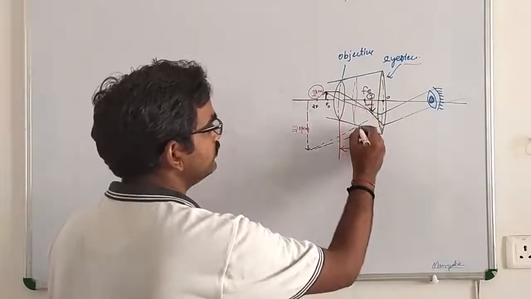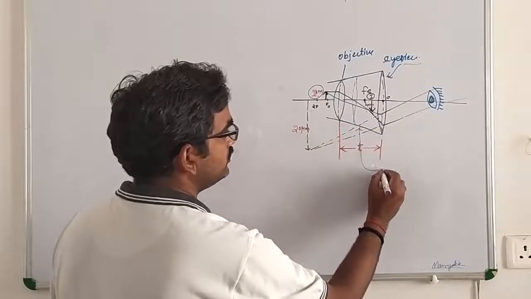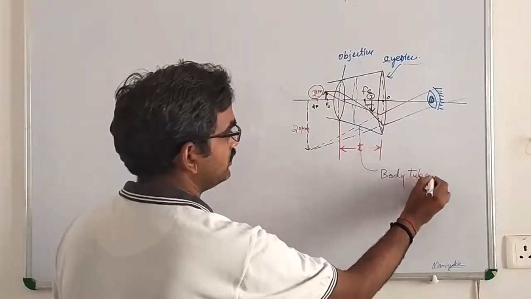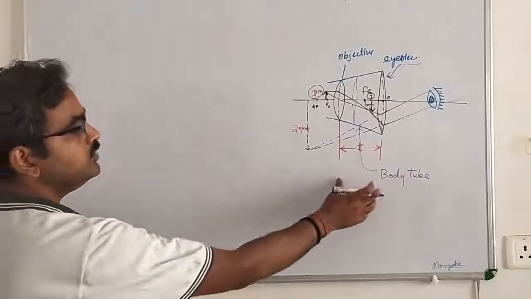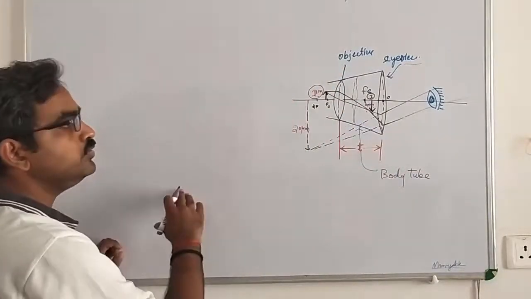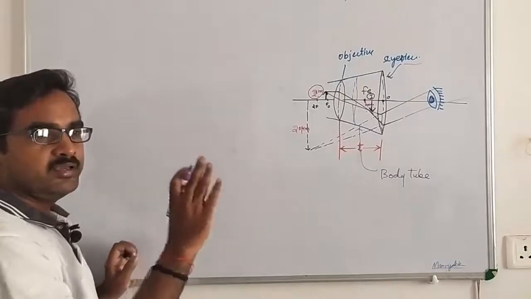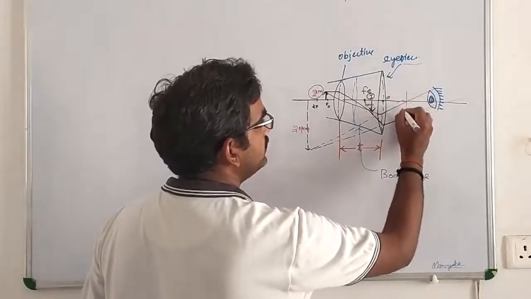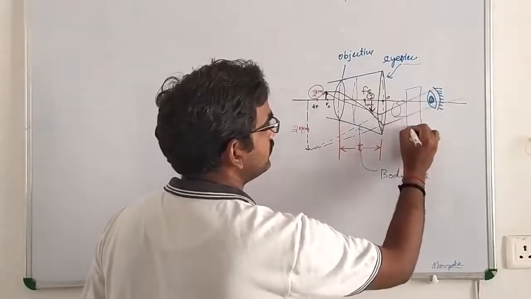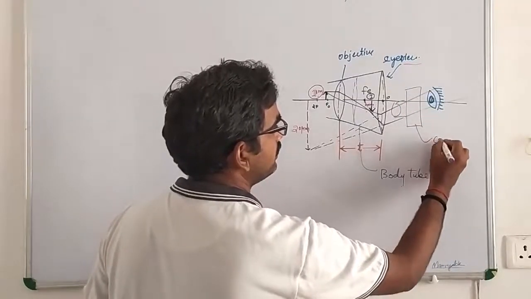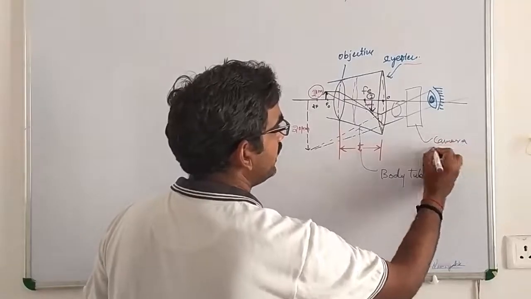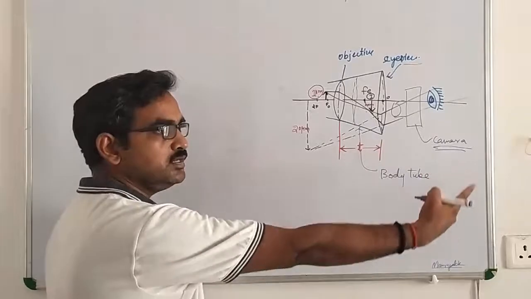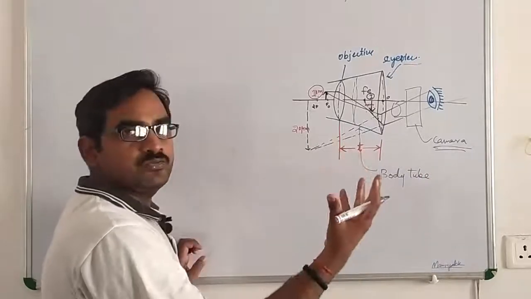This is the body tube, and this body tube can also impart magnification. If some camera is placed here, it can also increase the size of the image further.